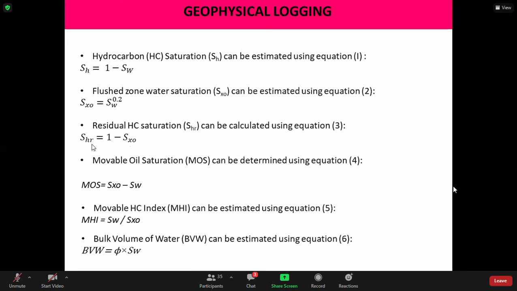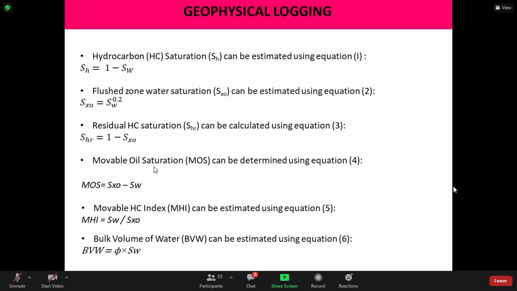Then we can estimate our residual hydrocarbon saturation. Like I said, you cannot produce all of it; some will be left behind. So to estimate the saturation of the residual oil, you use 1 minus the water saturation of the flushed zone.